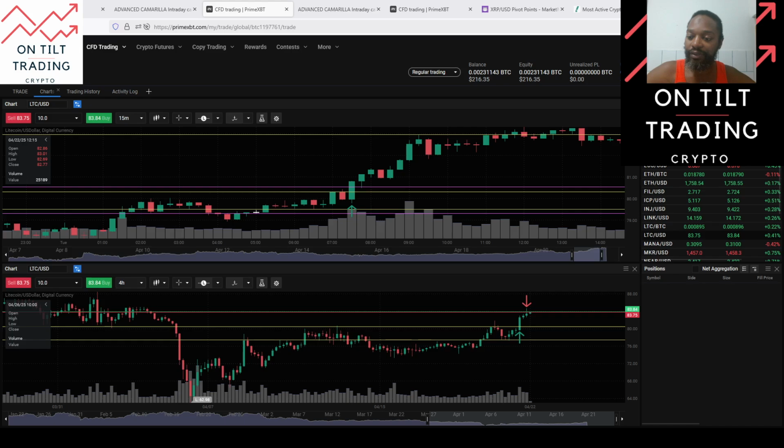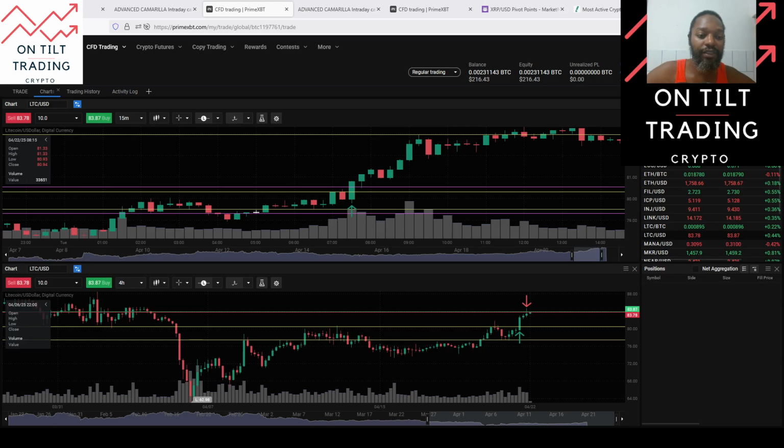This is where I'm going to generally look for price action, and we can see the range that I set for Litecoin in the pre-market. This candle here is the New York open, so everything before this is all pre-market price action.